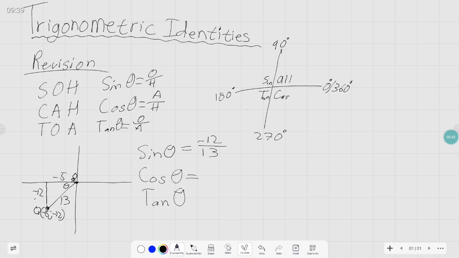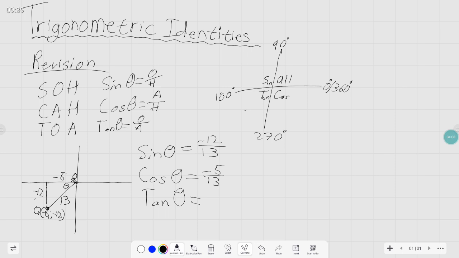Adjacent over hypotenuse. So which side is adjacent to where you stand? -5. And my hypotenuse is 13. Can you see in this quadrant, cos is also negative? But let's look at tan. Opposite over adjacent, TOA.